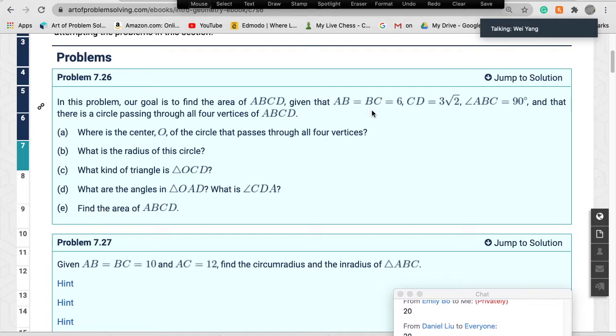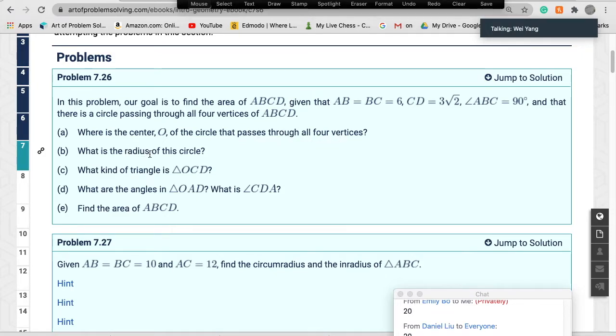Given AB equals BC equals 6 and CD equals 3 root 2, and the angle ABC equals 90 degrees, and there is a circle passing through all four vertices A, B, C, D. Then they ask you: A, where is the center O of the circle passing through all four vertices?